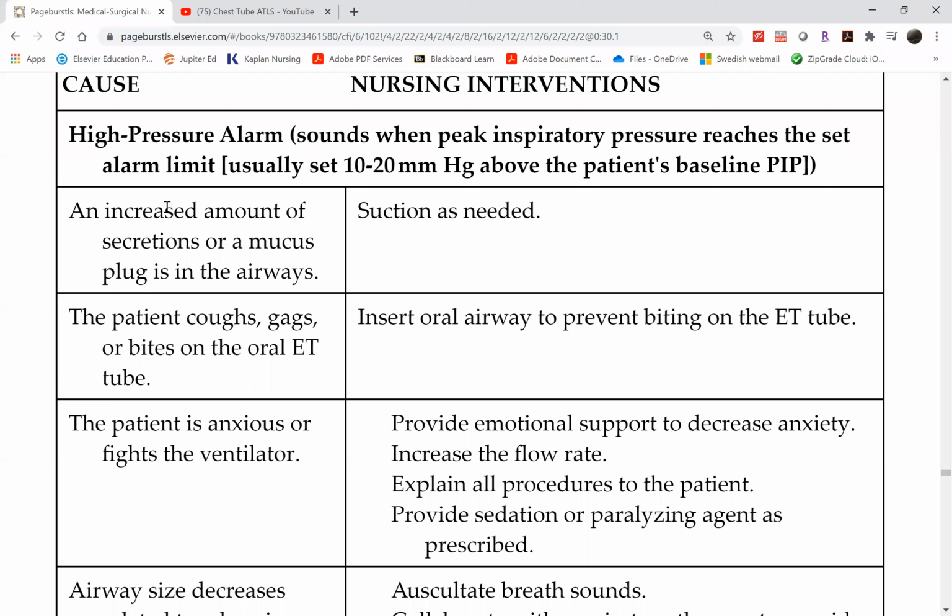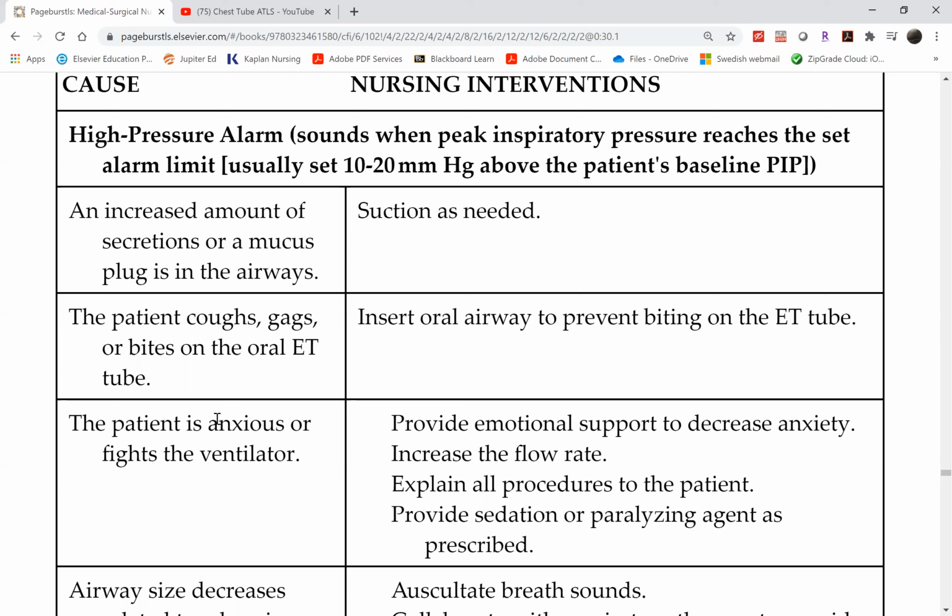And so questions on the test will either be, I'll give it to you, a very nice select all that apply question. I'll give you a list of causes and identify whether it's high pressure or low pressure, or just say the ventilator's high pressure alarm is going off. Which are possible causes?